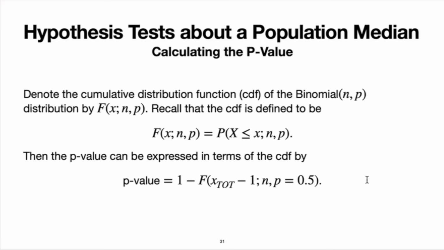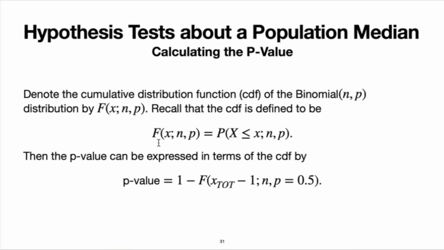Now let's think about the CDF, the cumulative distribution function of the binomial distribution, and let's denote it by capital F. Since we're denoting the PMF of the binomial distribution by lowercase f, we'll use capital F to denote the CDF. Remember that the CDF of a distribution is equal to the probability that the random variable is less than or equal to the value at which we are evaluating the CDF.